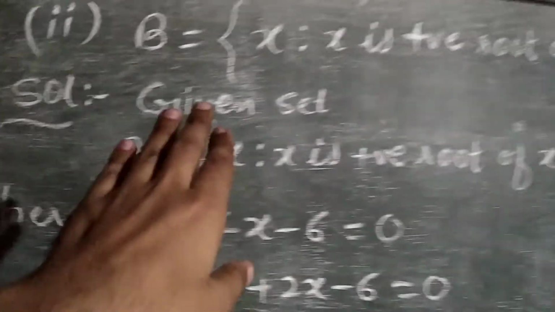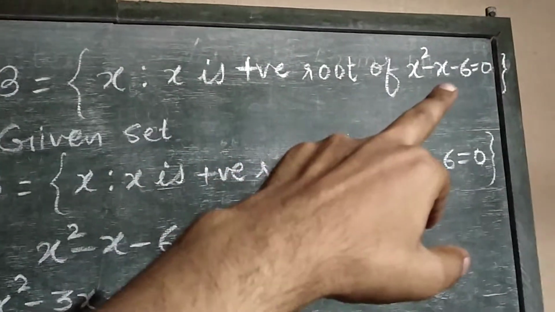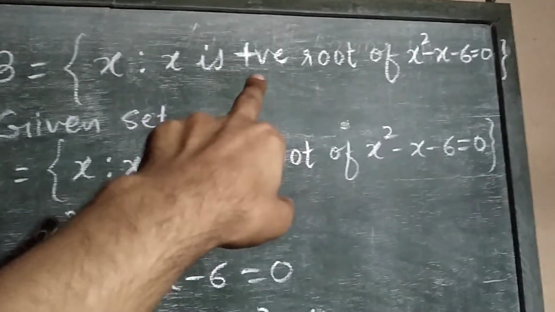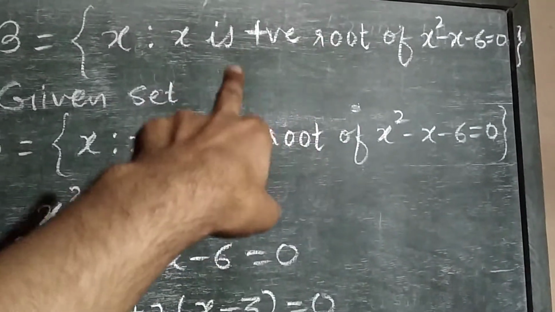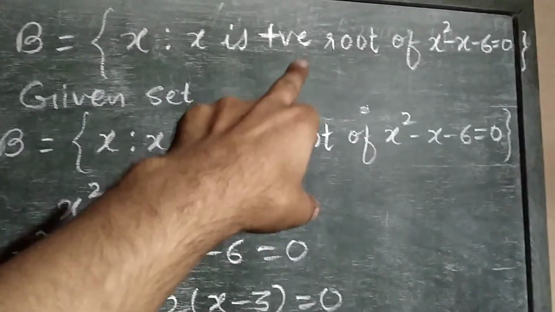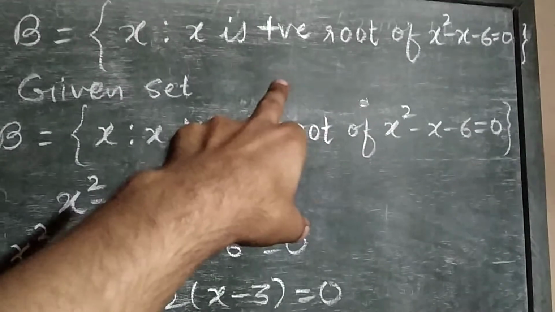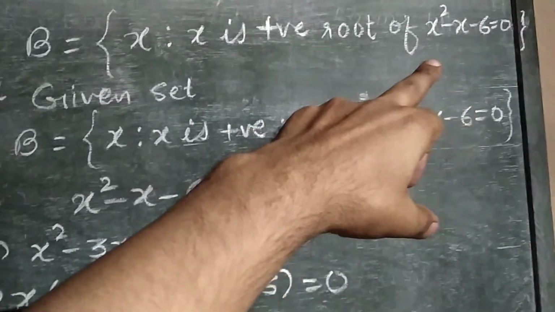Now I will take the second example, B, x such that x is a positive root of this equation. Remember this word here, positive. Okay, why? Because it is a condition according to which we will decide which element will lie in this set or not. Okay, so this equation x square minus x minus 6 equal to 0.